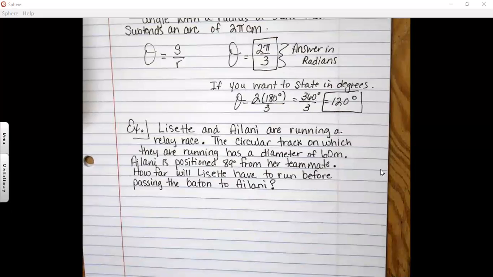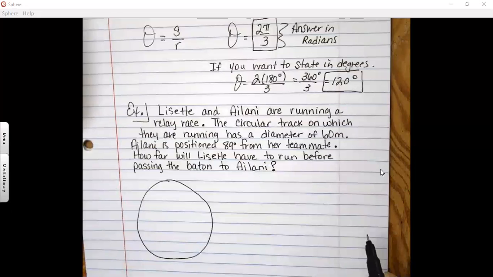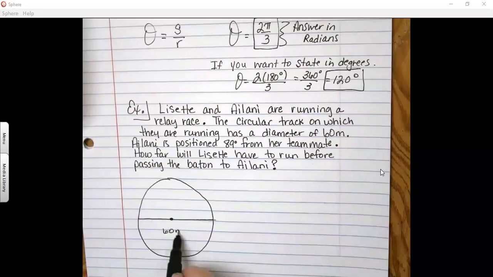All right, so let me read it again. Lizette and Aliani are running a relay race. The circular track on which they are running has a diameter of 60 meters. So I know I have a circle here, right? Aliani is positioned 89 degrees from her teammate. So I'm going to put Lizette down at 0 degrees.